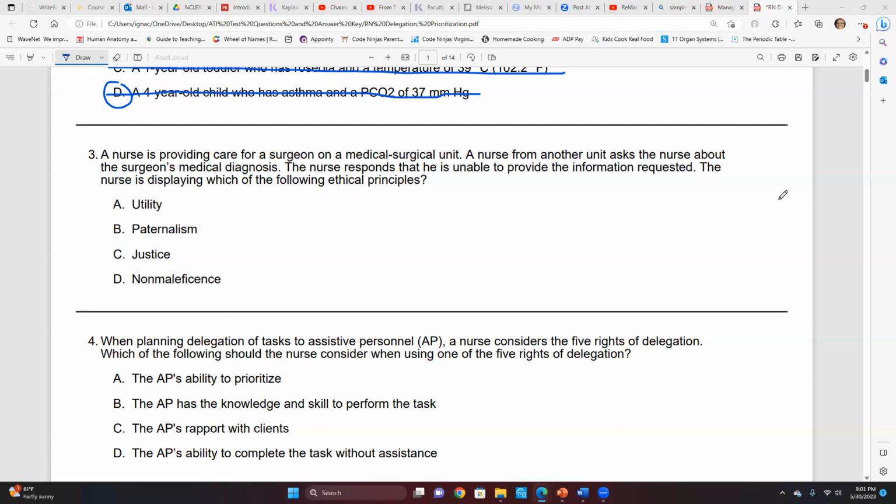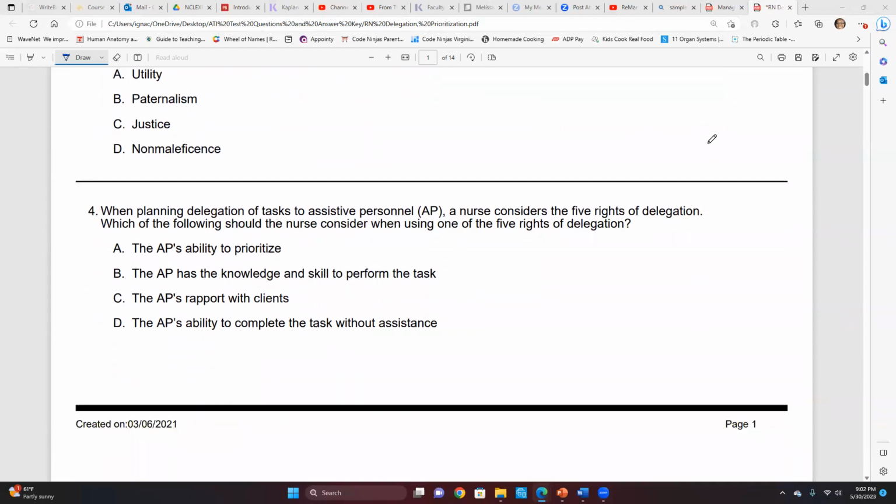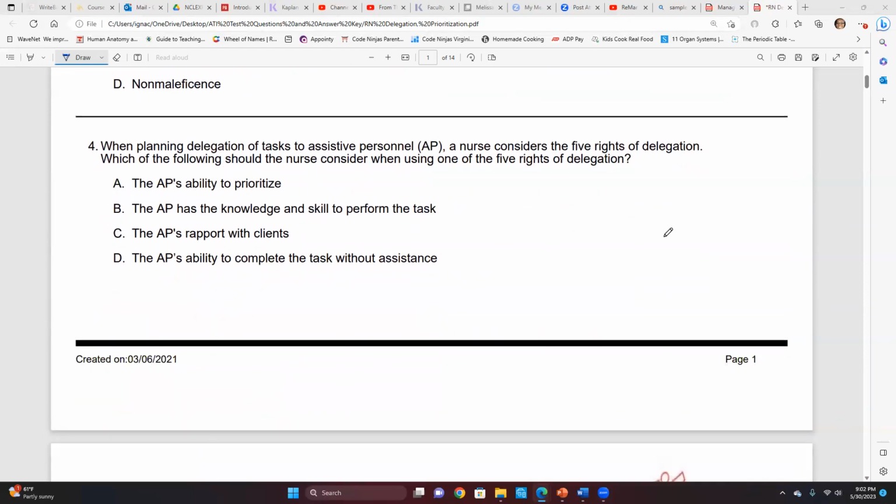Sometimes you will see that in Mexican cultures. That's one of the things for cultural competency. They may make the decision for another. You can also see that in Muslim culture sometimes. Justice is everyone should be treated fairly, and non-malfeasance is doing no harm.